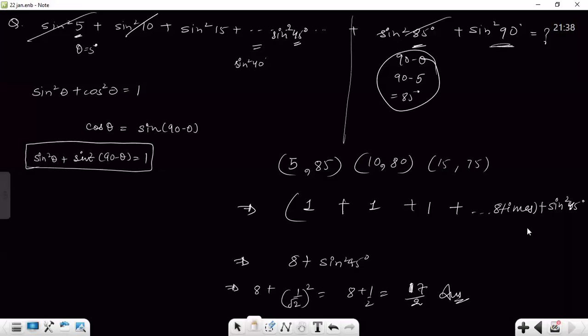We should also consider plus sine square of 90. Sine of 90 is 1, so 1 square is 1. Now 17 by 2 plus 1, which is 19 by 2, should be our answer.